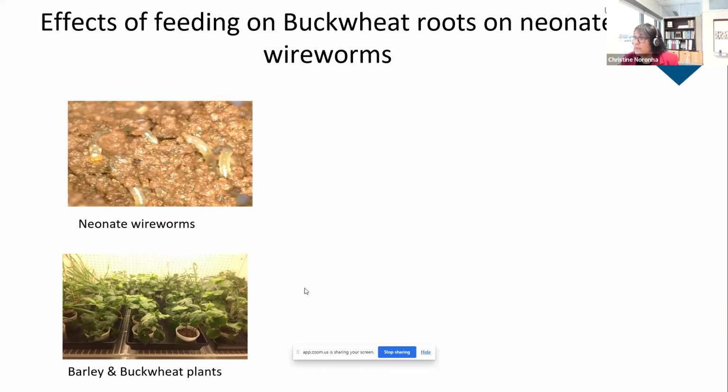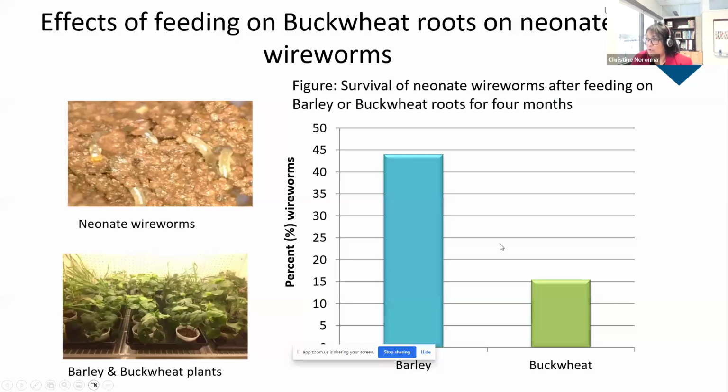And here you can see survival was significantly lower in the buckwheat as compared to the barley.